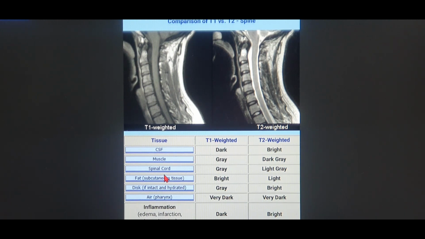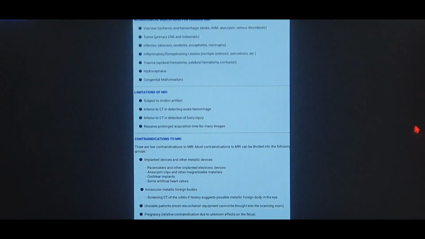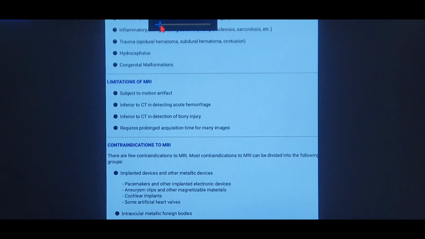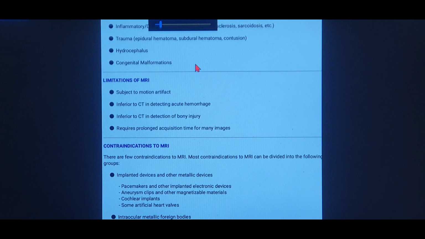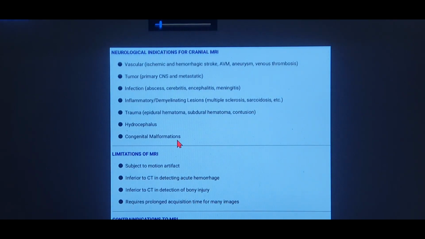These basic points are really important for you guys, for beginners in radiology, and for those who are new to ENT and skull-based surgery. I hope so far the concepts of the MRI are clear, and this is nothing but the indications, the limitations, and the contraindications of the cranial MRI.